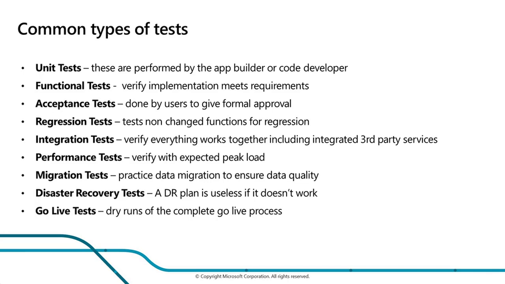So you need to understand if the different functional requirements are covered, but that needs to be implemented and using maybe real data or a data set to validate this. The acceptance test is done by users to give formal approval. So this is based on the test platform. Here we need to give access to the end users or test users to validate the acceptance.